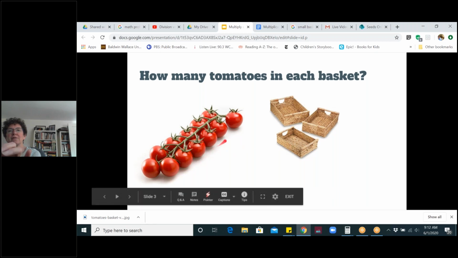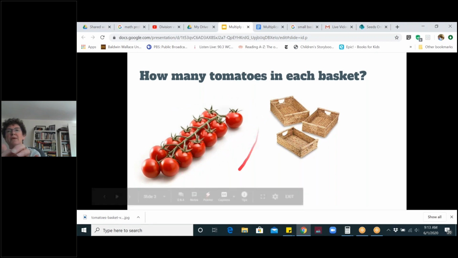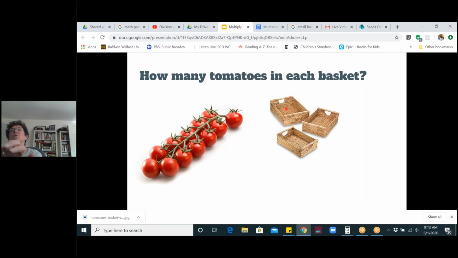I'm going to take this total number of 12 and share it or divide it among these 3 baskets. So I want to divide this total group into 3 smaller groups. So how many will be in each basket?